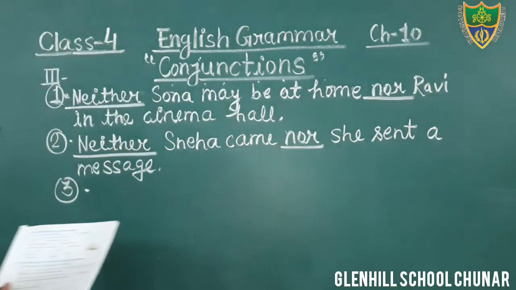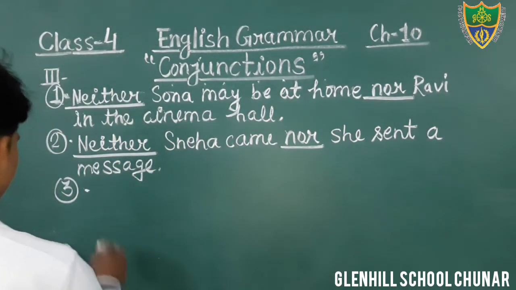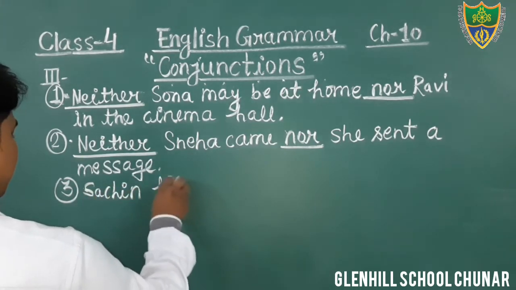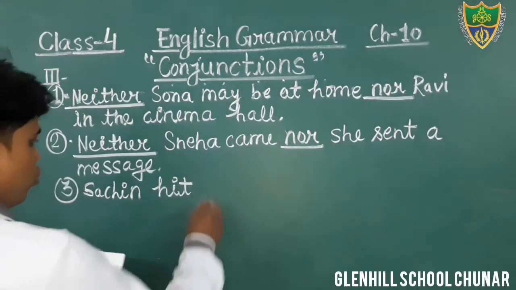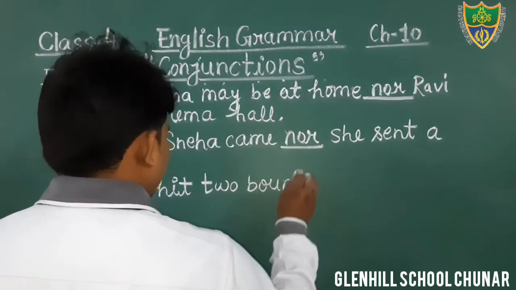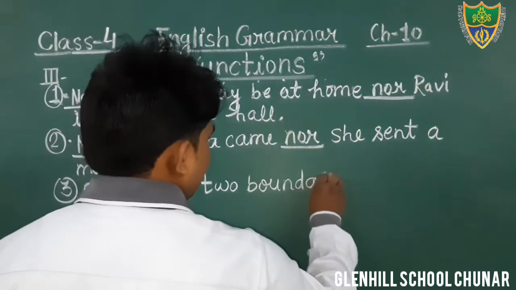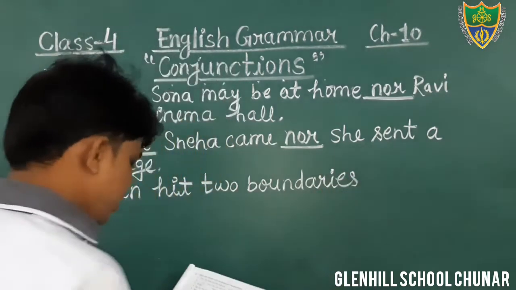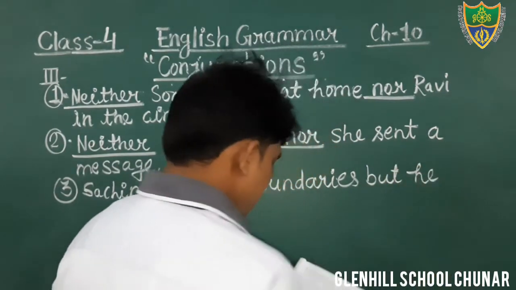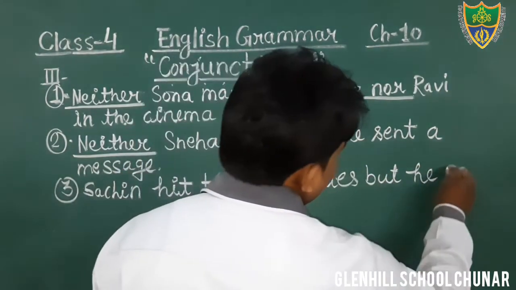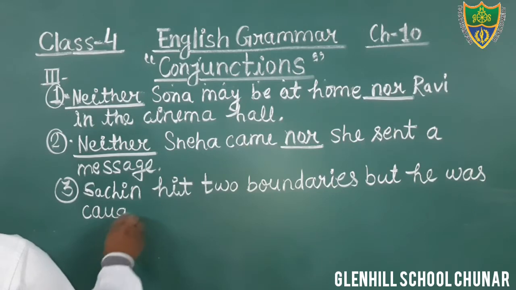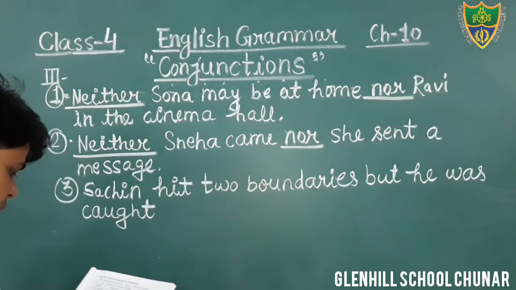Sachin hit 2 boundaries, but he was caught behind the wicket.